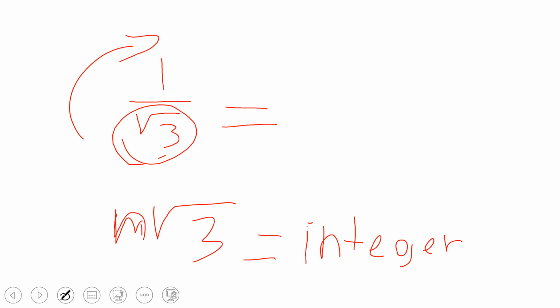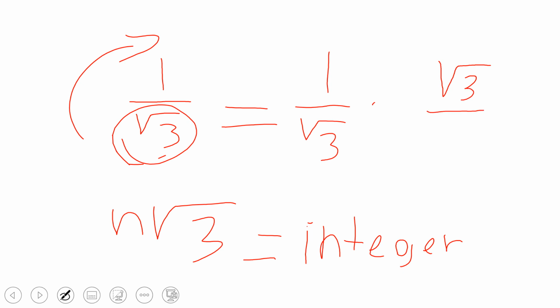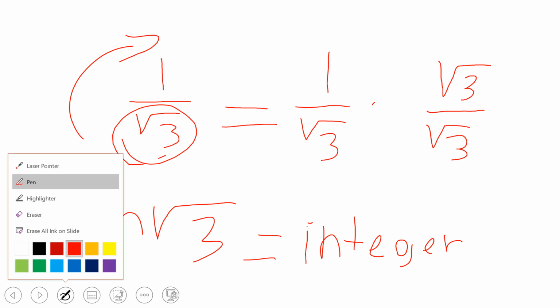Now, when any number, let's say the number is n, multiplied by root 3, it needs to produce an integer. So obviously, we know that squaring a square root will get rid of the radical. So we can just multiply the numerator and the denominator by the square root of 3.